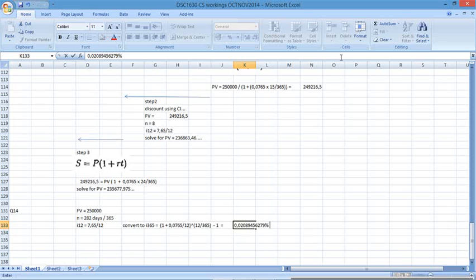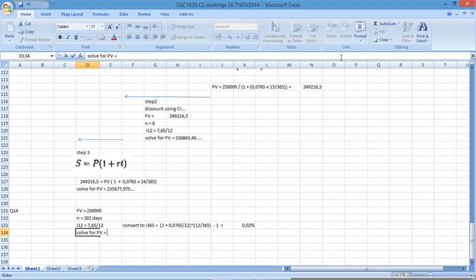That's representing the I-365. So I can actually change the N to days because I've got I-365. Solve for present value.